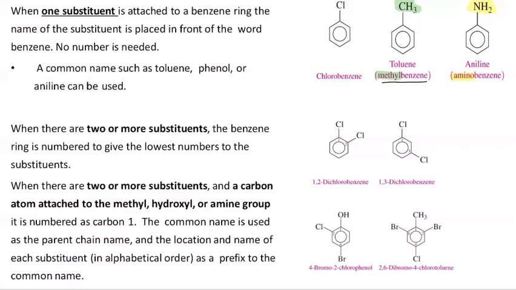The carbon that is holding the OH, the methyl, or the amino group is what becomes carbon 1, okay? Then you're going to number the other carbon atoms in the benzene ring to give the rest of the substituents the lowest number. And remember that the last word is going to be the common name for that special group that we have in our structure.